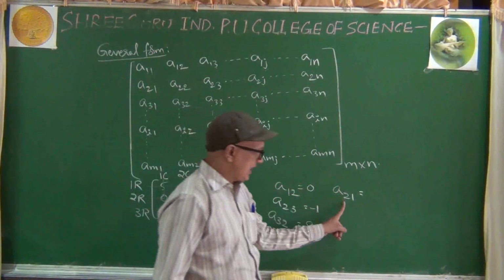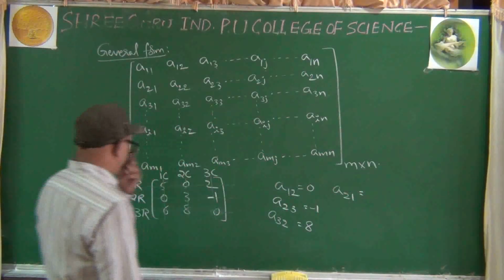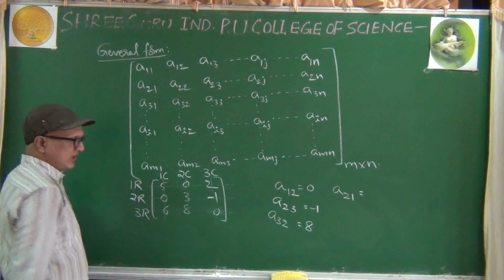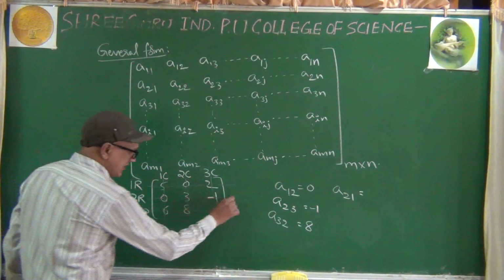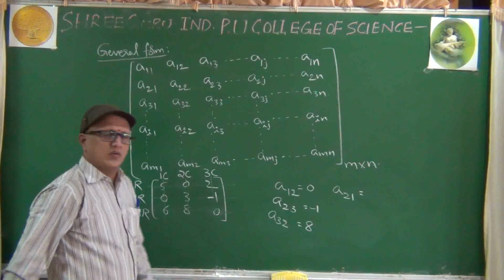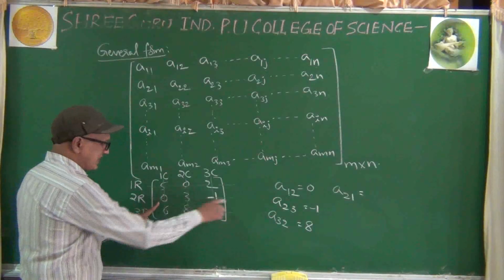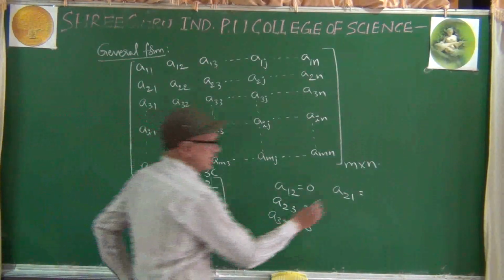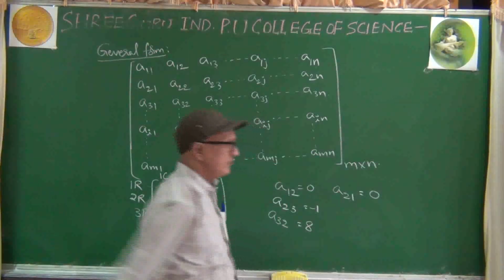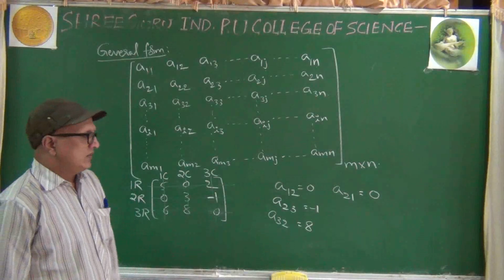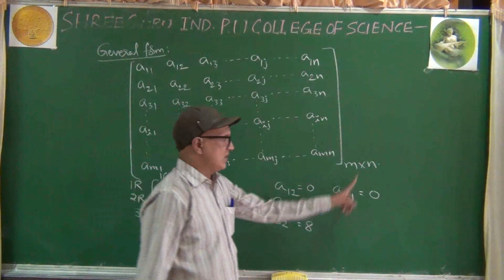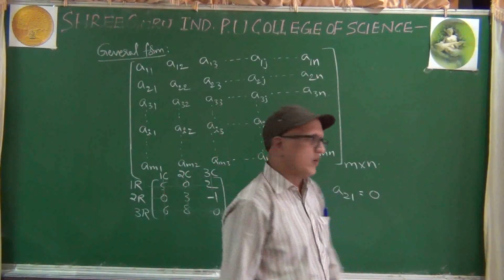A21 means second row, first column. All these come under the second row. Second row, first column is 0. That's it. Very simple, right?